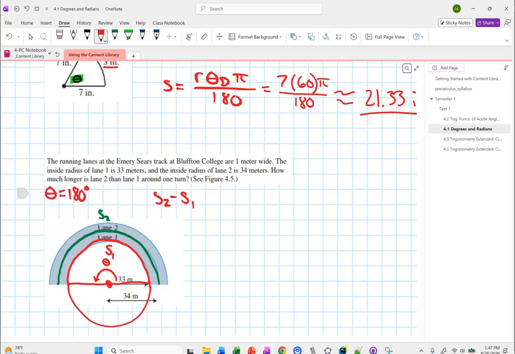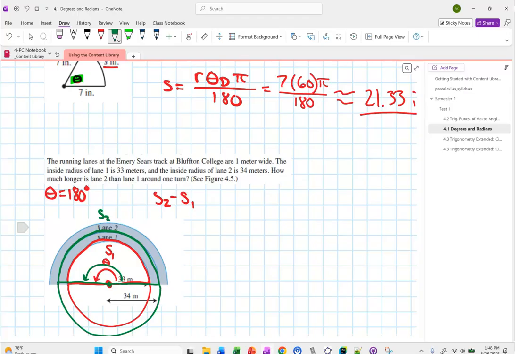Why am I trying to find out this angle? So I can use that arc length formula from before, right? Because we pointed out that these were arc lengths. Everybody's okay? If I do the same thing for the green circle, what's that angle? Still 180, right?